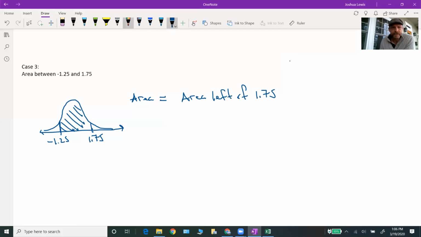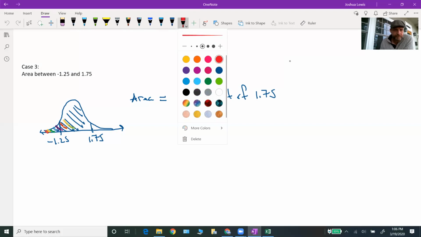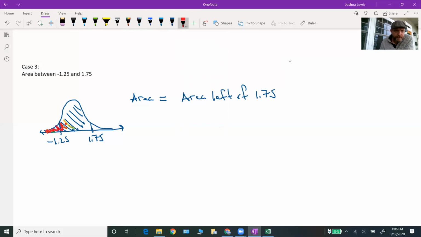That's going to give me, well, I chose a rainbow color. That's no good. Here, let's go red. That's going to give me all of this area, which is too much.